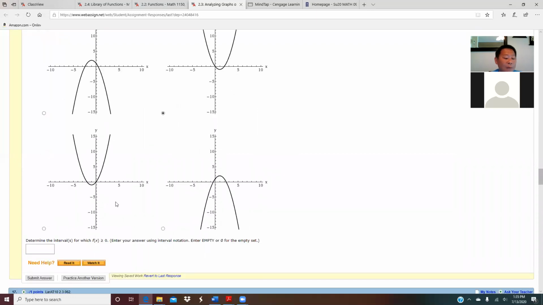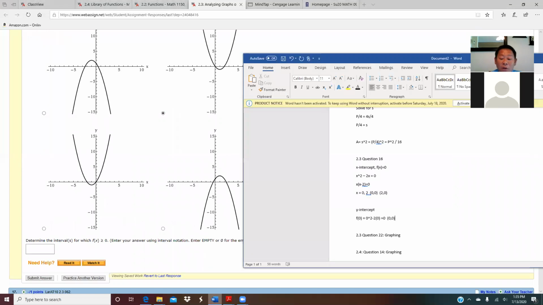And then later on, they want you to find an interval where f(x) is greater than or equal to 0. This is very easy. You look at your graph. It will give us the portion that is above the x-axis.